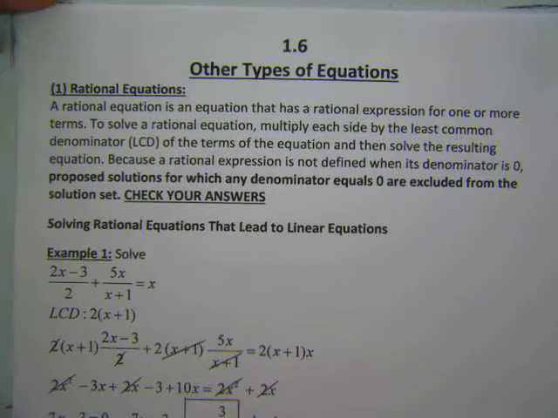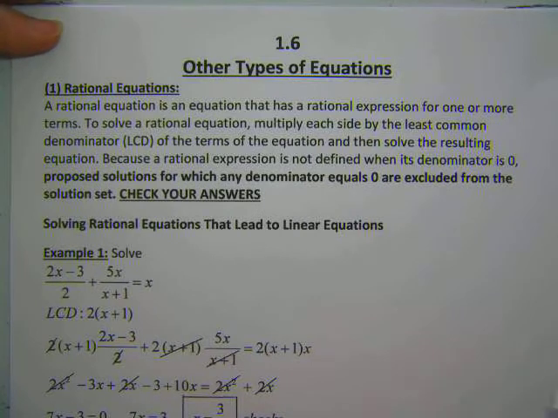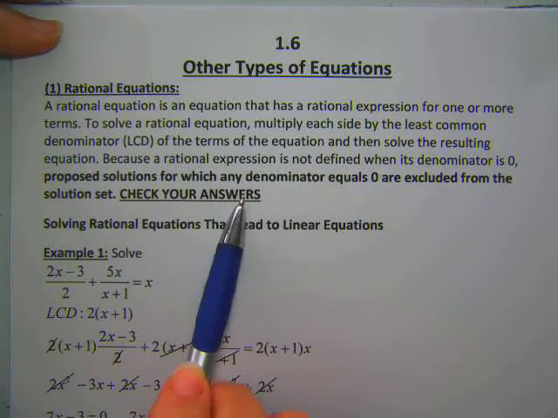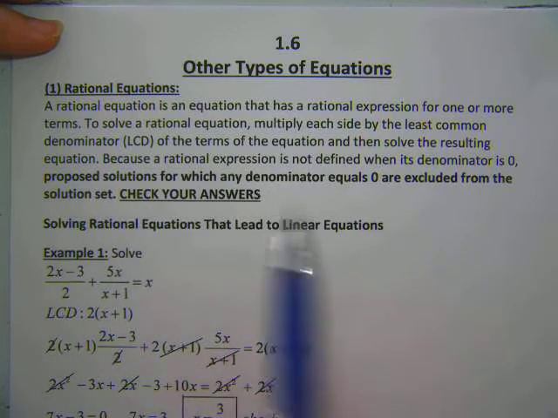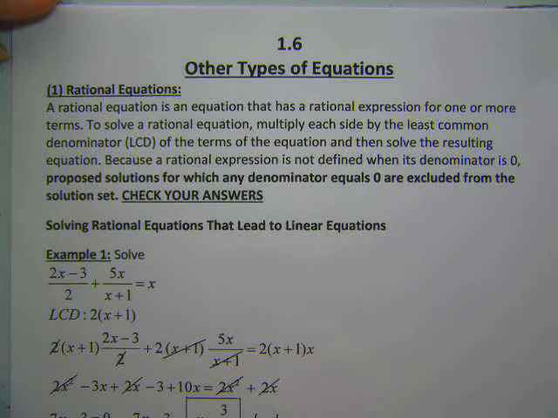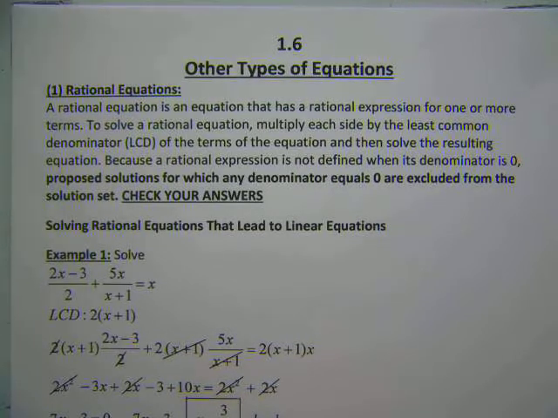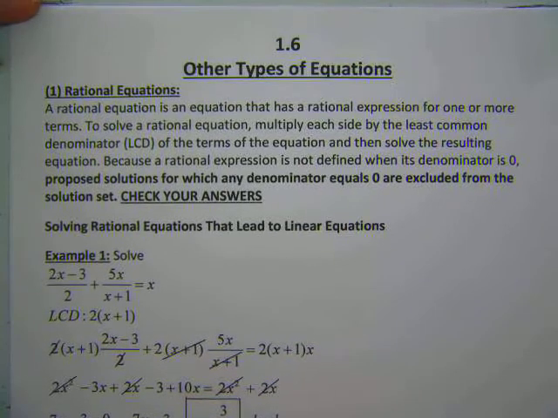Let's look at the first example I did with you. There's a bolded sentence here that you have to check your answer. This is the first kind of equations. In this class we are exposed to 3 different kinds of equations where we are required to check the answer as part of the solution, and this is the first kind.